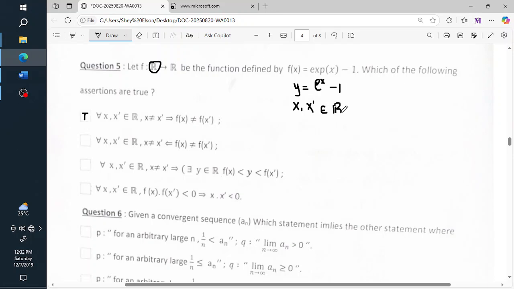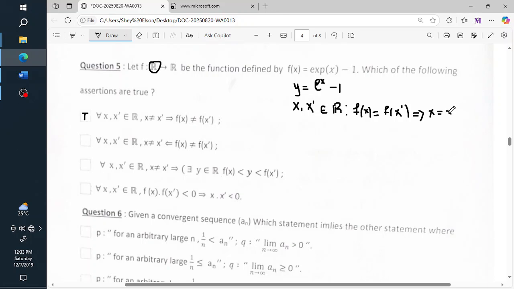If I take any two numbers in the domain such that f of the first number is equal to f of the second number, what it means is that the two numbers are the same. So x is equal to x prime.